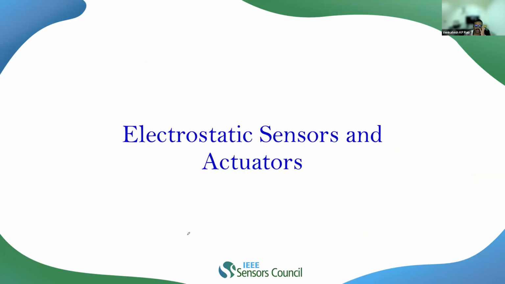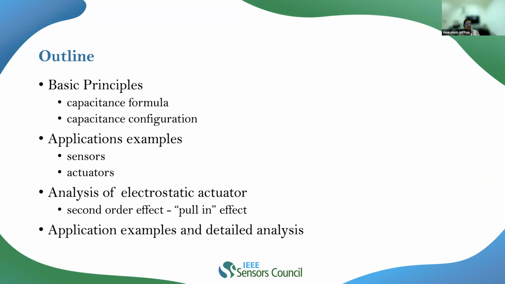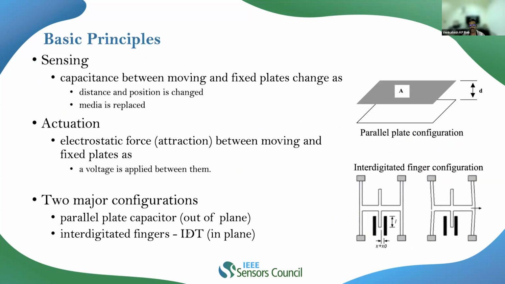Now, let us look into how we can look at the electrostatic based sensors and actuators. We should start with the basic capacitance formula. Whenever you take up electrostatic based sensors or actuators, they will basically exist in two configurations: either a parallel plate configuration, or a comb finger or interdigitated finger configuration.